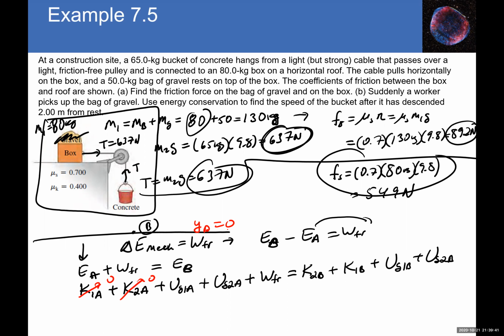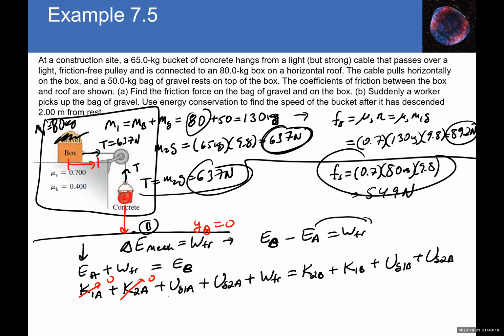But here's what I have. If I'm looking at the gravitational potential energy of the box, which is my object 1, when the concrete, object 2, goes down by 2 meters, this guy goes to the right by 2 meters. Exactly the same displacement, 2 meters, but to the right, which means that object 1, the box, doesn't change its height.